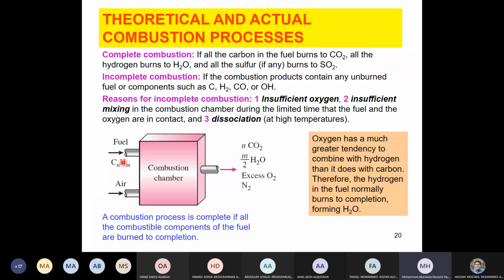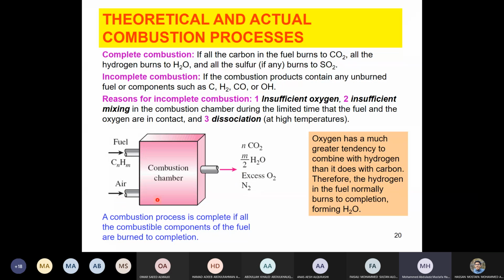So in the theoretical process, we have fuel, we have air, and we get CO2 and H2O without any excess oxygen. If this is actual, then we have excess oxygen. Why do I add more air? Because I want to make sure that I burn all the fuel. So I have to supply more air for every particle of the fuel to burn. To do this, I have to have extra air. So in real life, we give more air.